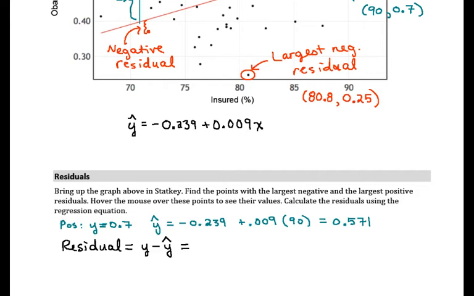It's always actual minus estimate from the regression equation. So that's going to be 0.7 minus 0.571, which turns out to be 0.129.